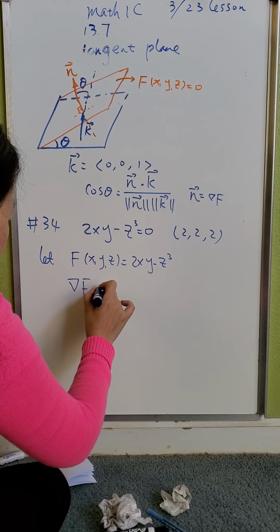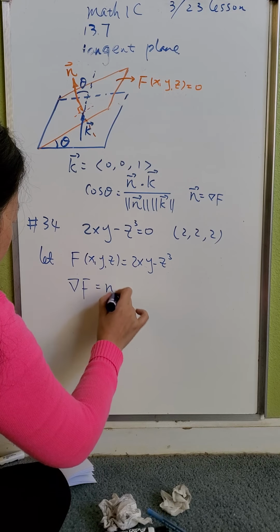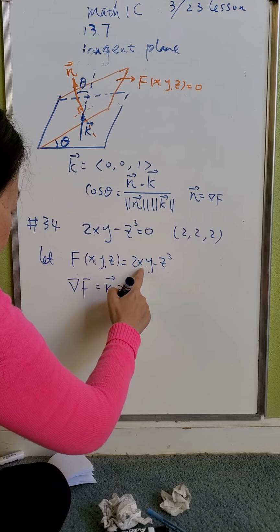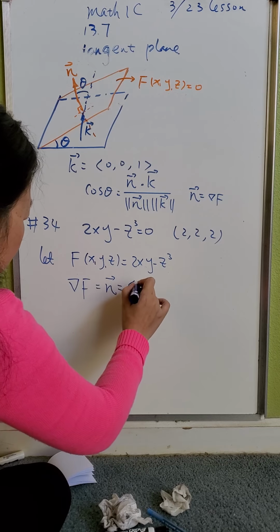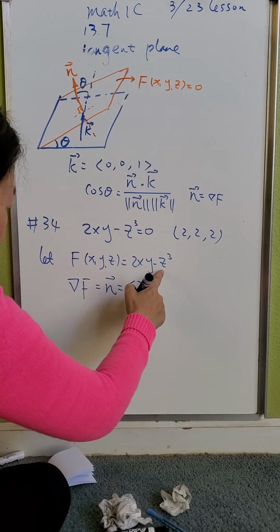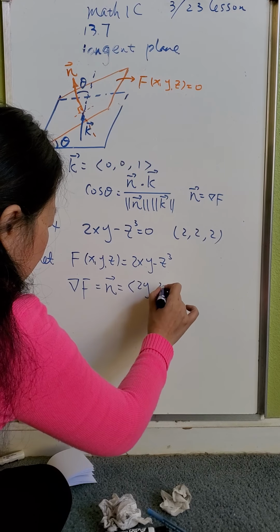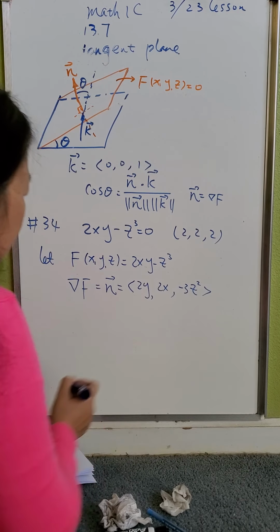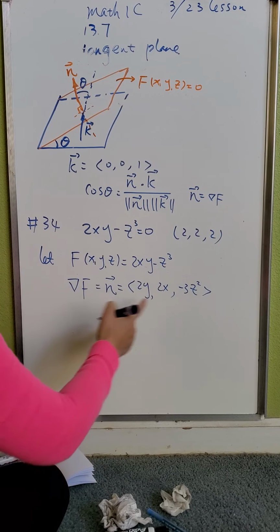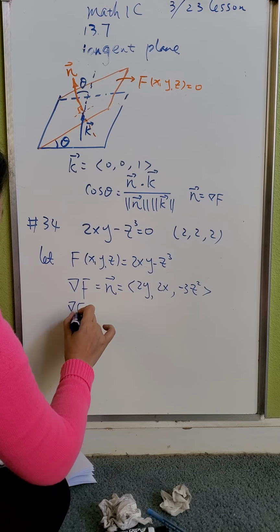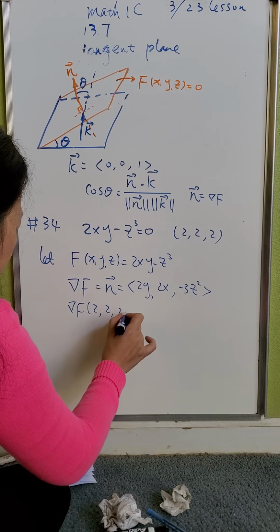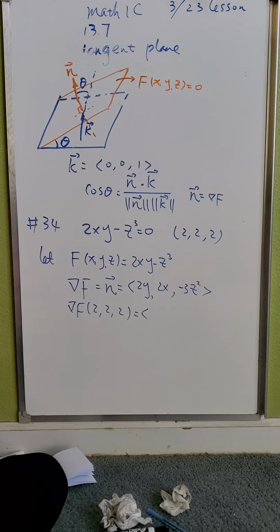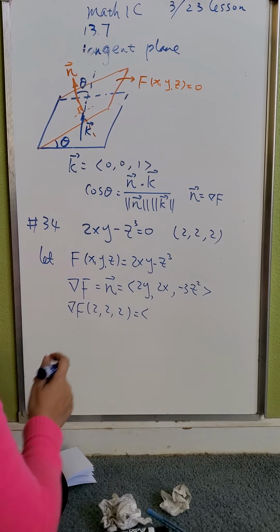So del f at this point equals N: 2y for the derivative with respect to x, 2x for y, and negative 3z squared for z. Now put the numbers in, and it comes out equal to (4, 4, -12).